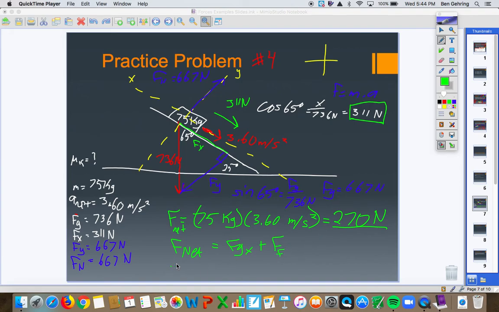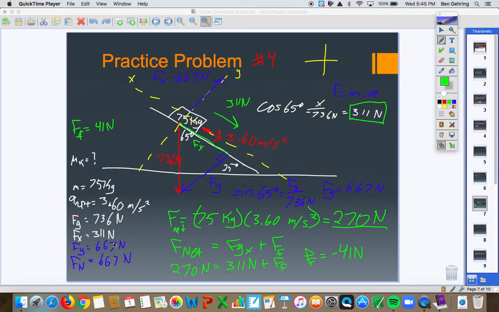So I know that 270 has to be equal to 311 plus whatever this force due to friction is. So I can subtract 311 across, and I'm going to get a force of friction equal to, I'm going to call it a negative 41 newtons here, but negative just means in the opposite direction. So my force due to friction, we'll put this over here, is equal to 41 newtons.